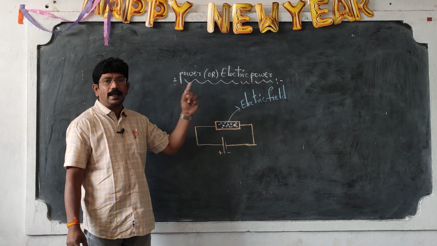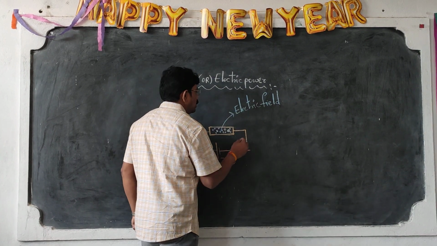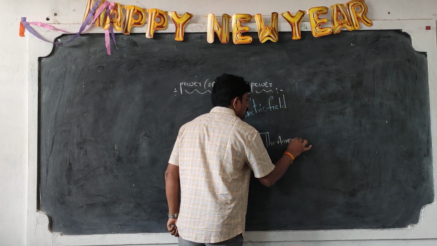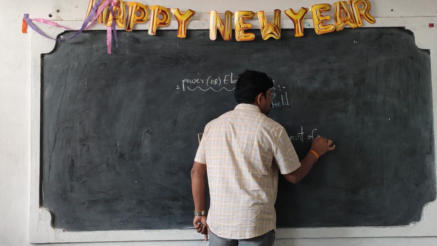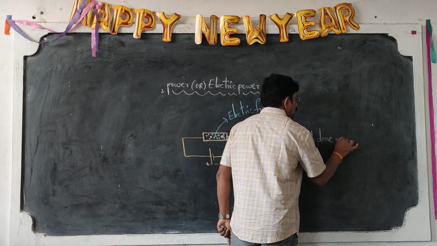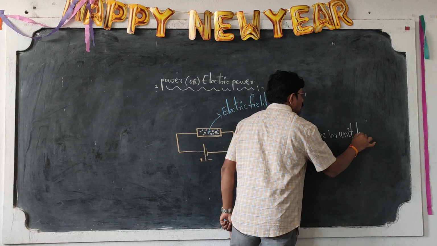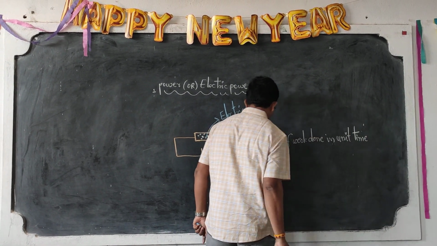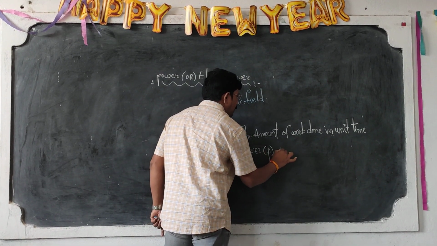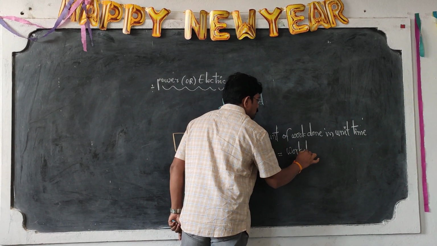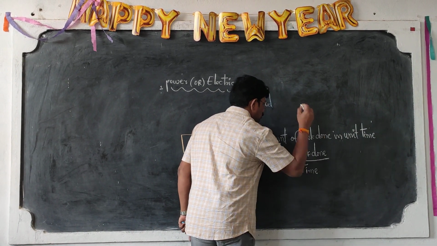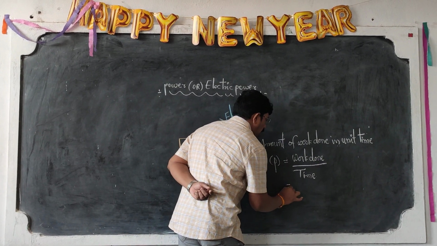So how much work is done in unit time? The amount of work done in unit time is called power, denoted by P. P is equal to work done by time.